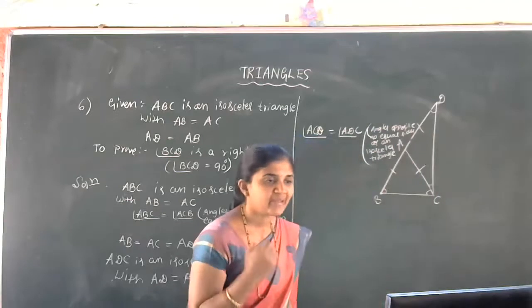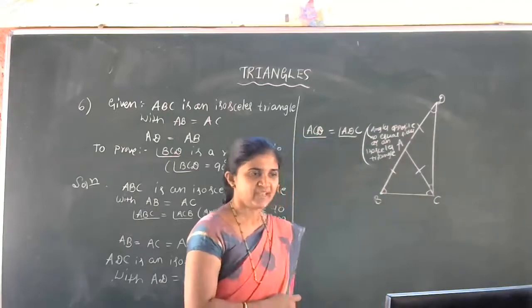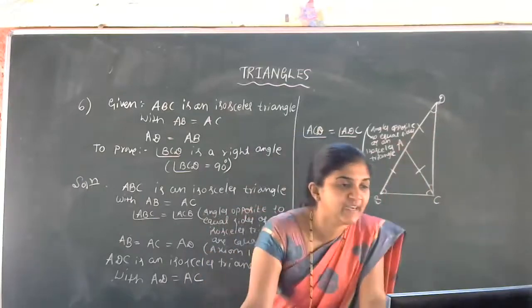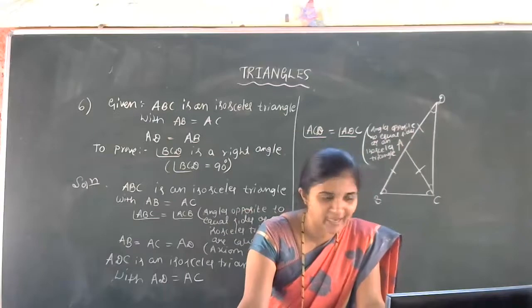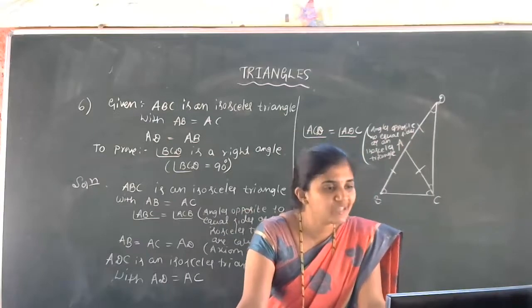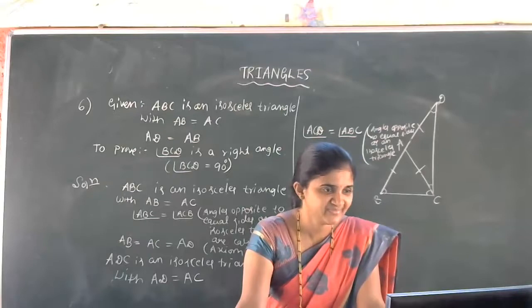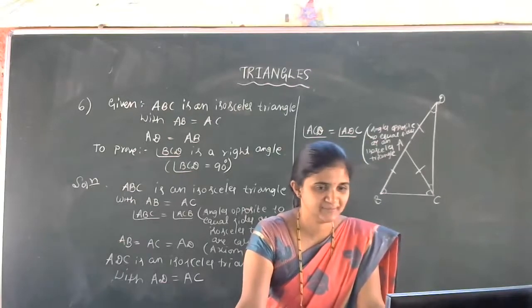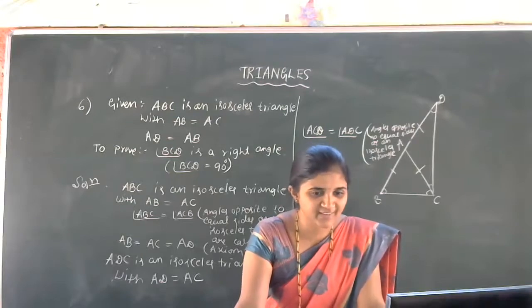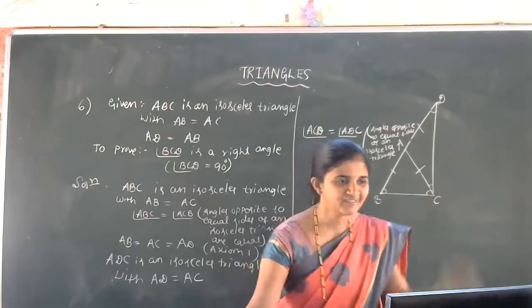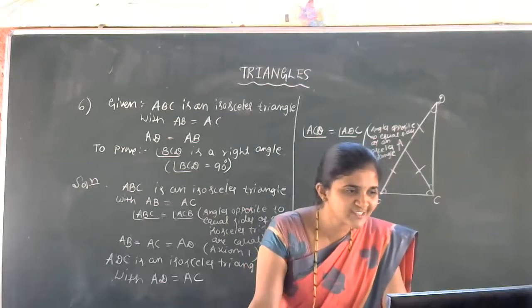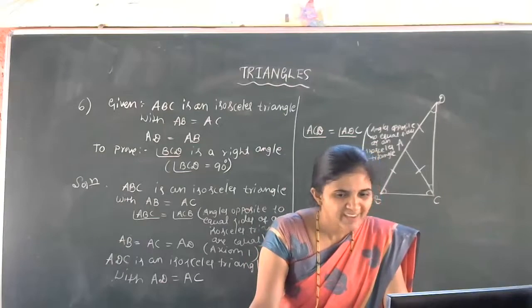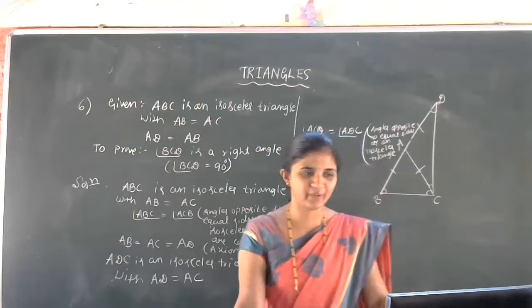You can take this equation as equation number 1 for your reference, and this equation as equation number 2. Then angle ADC is equal to angle ACD, so let us replace it with ACD. Why are we replacing this? Because our concentration is angle C. Now ACB plus ACB, ACD plus ACD.